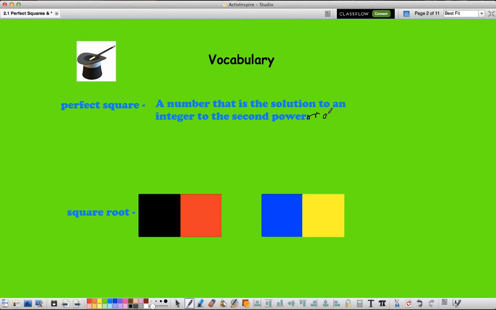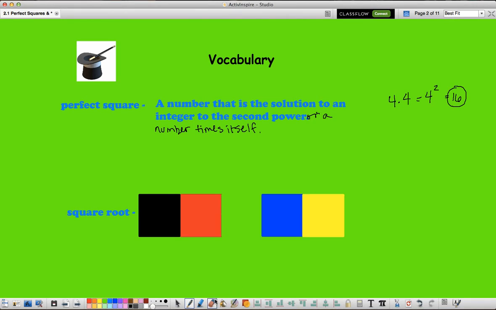So the perfect square in this case, I know that 4 times 4 we write as 4 squared, and that this is actually equal to 16. 16 in this case would be the perfect square because it is the answer to 4 squared, or 4 times 4.